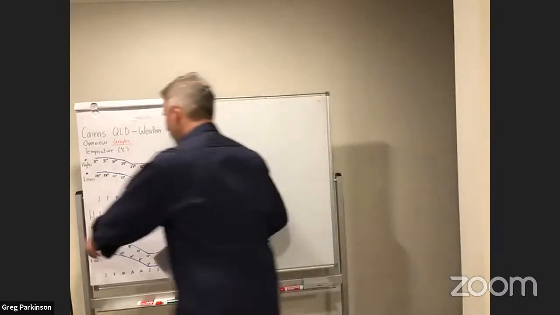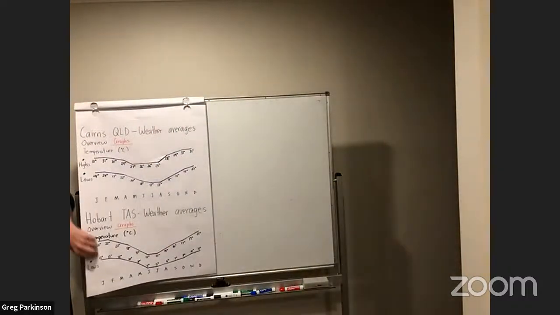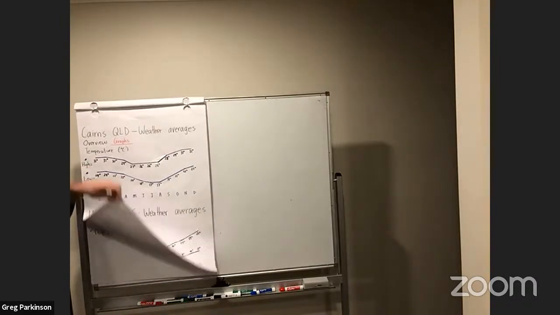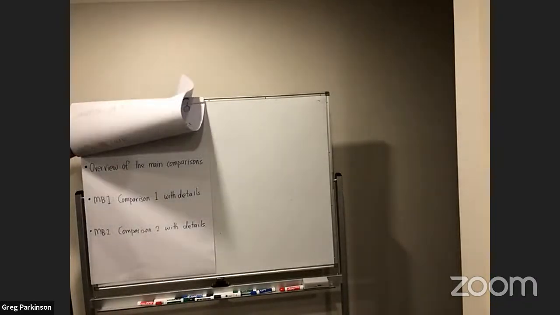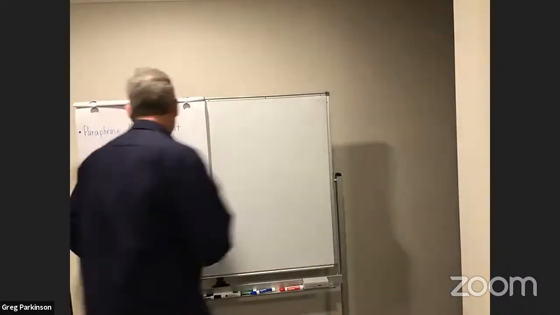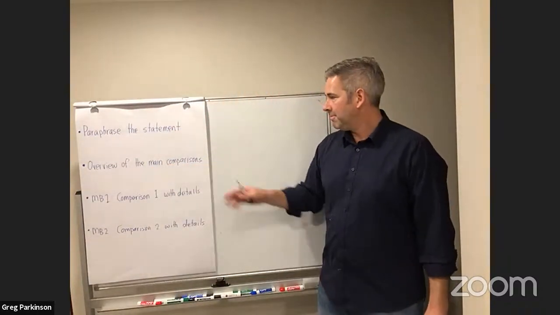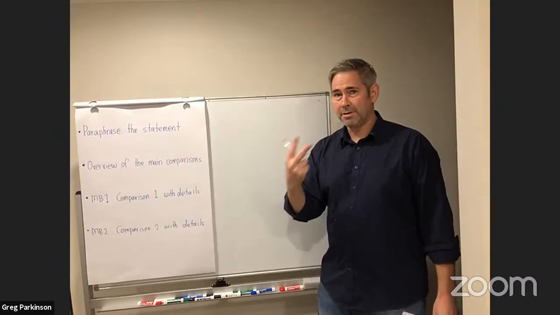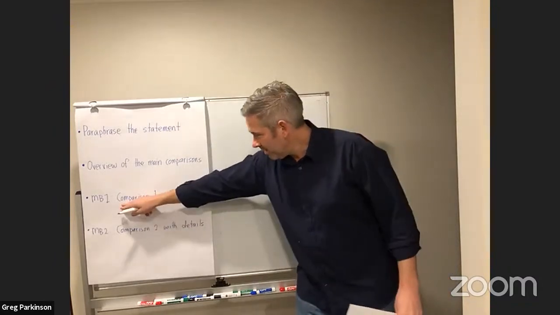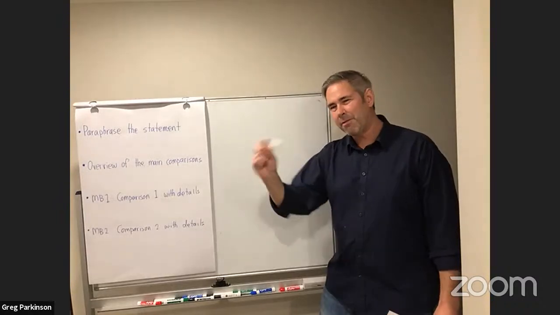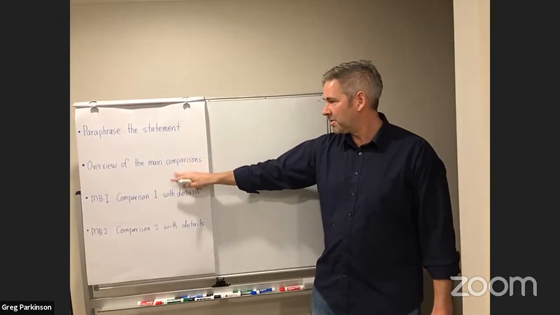Now, what I do with my overview, as you've seen, I identify the two things I'm going to talk about. Then with my main body 1, I paraphrase the first part, right?